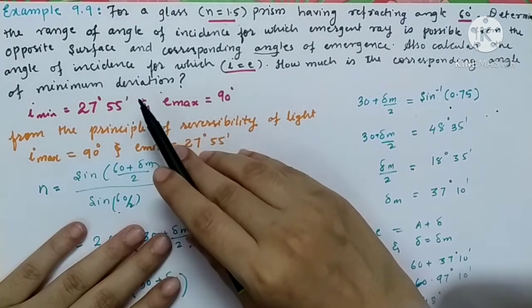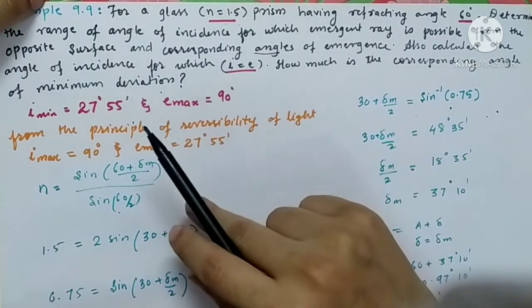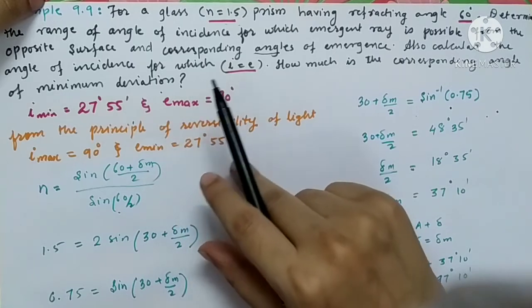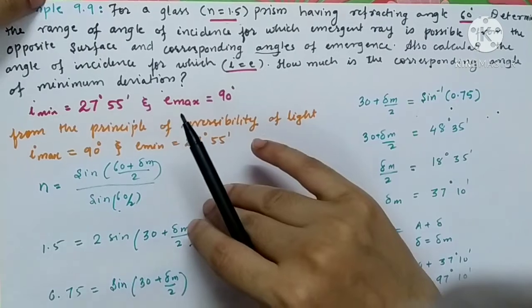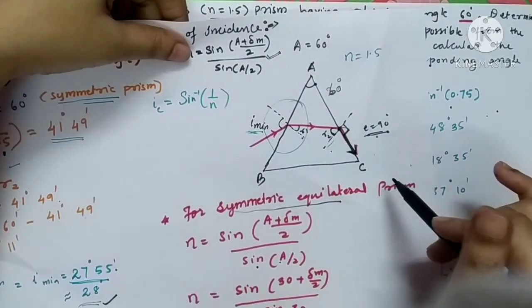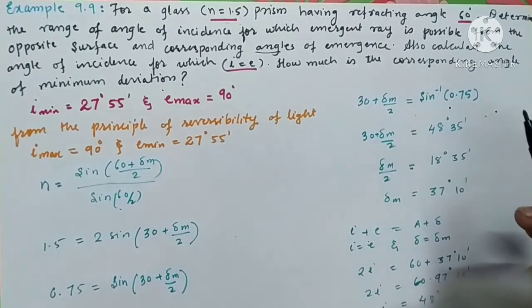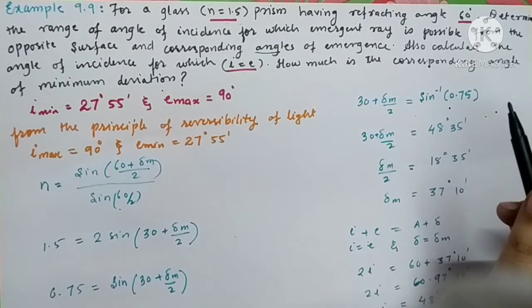So you just have to calculate how many things you will have to calculate. You'll have to provide the range of angle of incidence and angle of emergence from both the side of the prism, means from the side AB as well as from the side AC of a prism. What should be the range of emergence angle and what should be the range of incident angle?